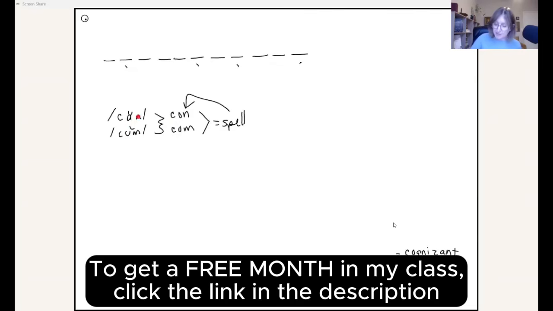These slanted lines right here mean what you hear. So when you hear con or com, I promised you better spelling, didn't I? Or better penmanship. When you hear con or com, you're going to spell it C-O-N and C-O-M at the beginning of most words. It's Latin.